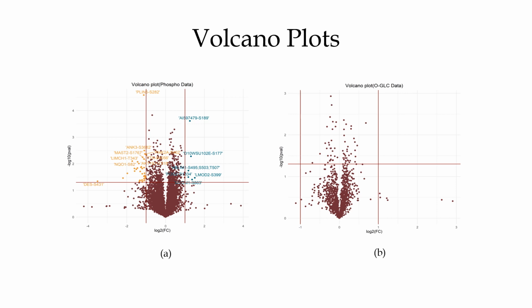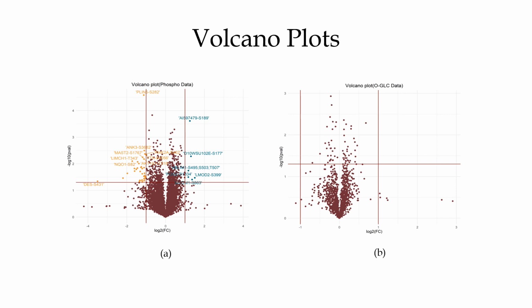As you can see in the picture, the O-GlcNAcylation data doesn't show any significant sites, but that doesn't mean they aren't significant from a biological point of view. We look into them in more detail later.